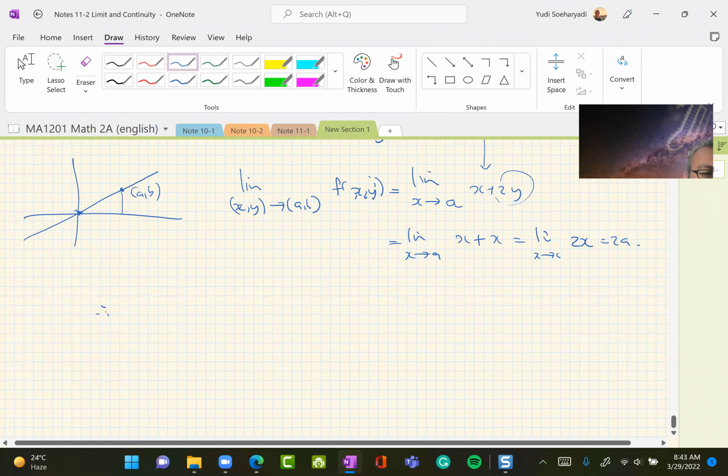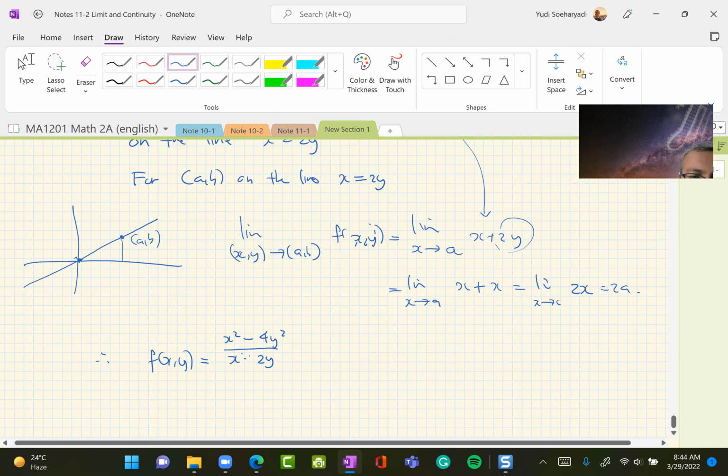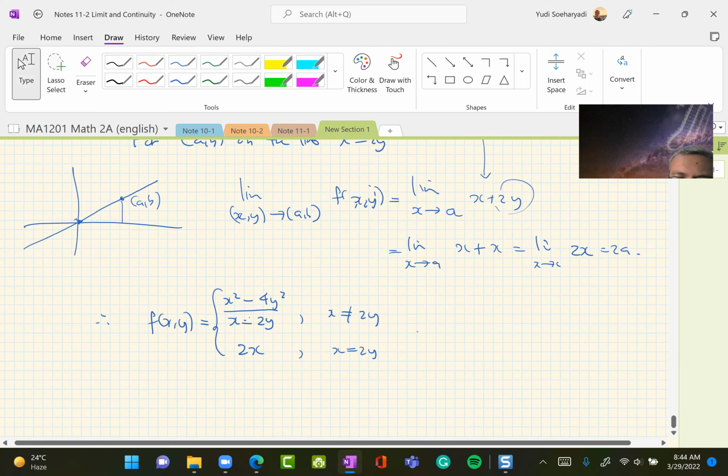So now the claim is that x squared minus... This is continuous.